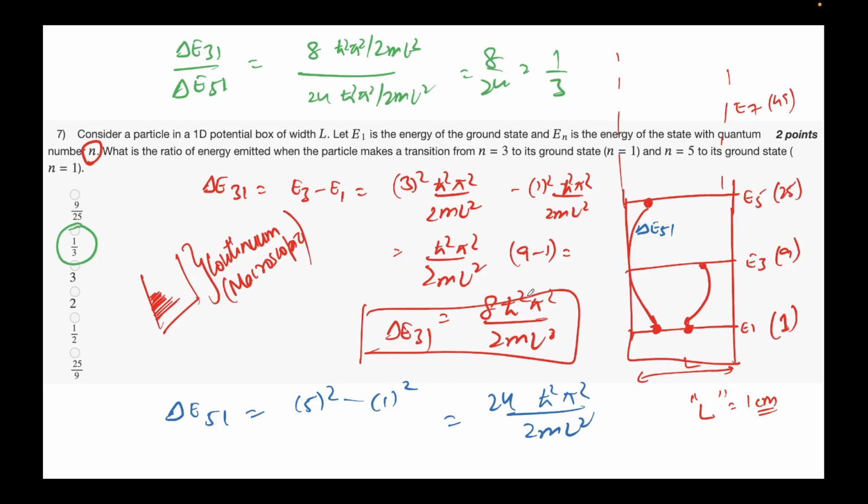Just remember, you can memorize the expressions, that's fine. Like I could not have recalled the expression for this energy, but what you must understand is their dependence. They go as n square and they also go as L square. So for heavy particles like a cricket ball, compare the mass: the mass of an electron is 9.1 times 10 to the power minus 31 kg, and a ball is, let's say, 1 gram, so 10 to the power minus 3 kg.